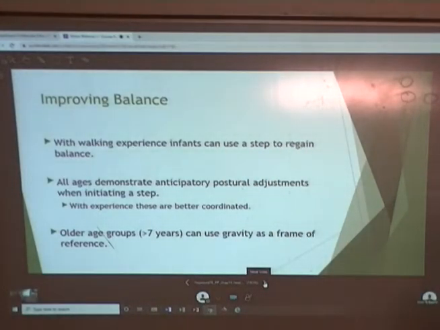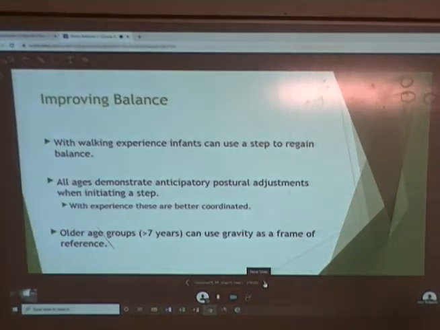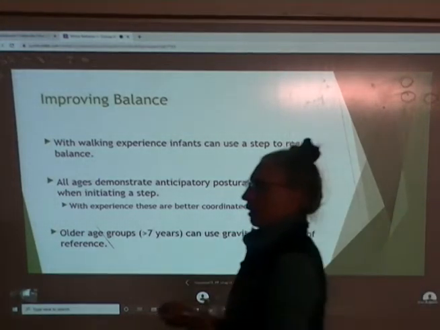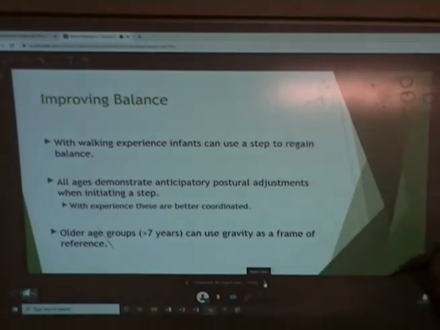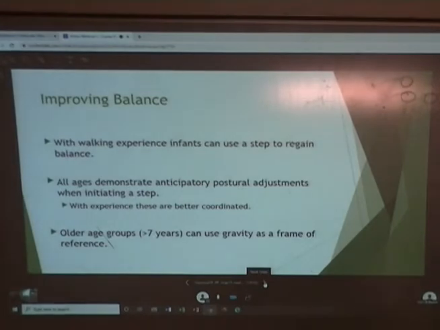They understand that off balance a little bit earlier. Children younger than 7 don't pick that up quite so well. They tend to use vision more to help them stay on balance.